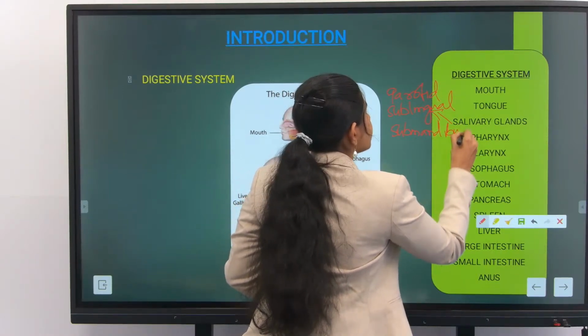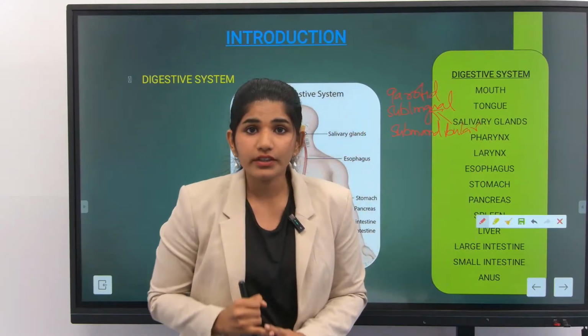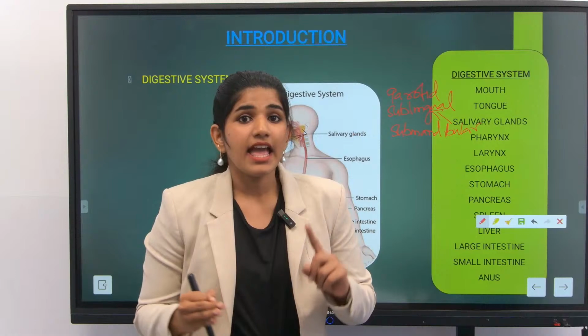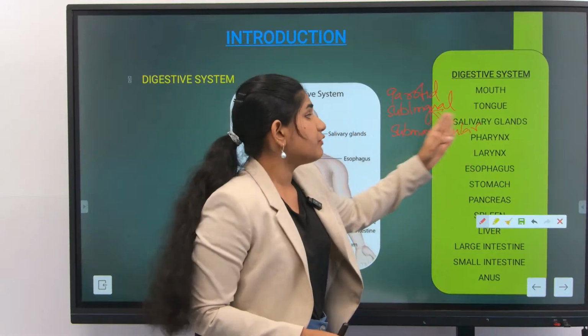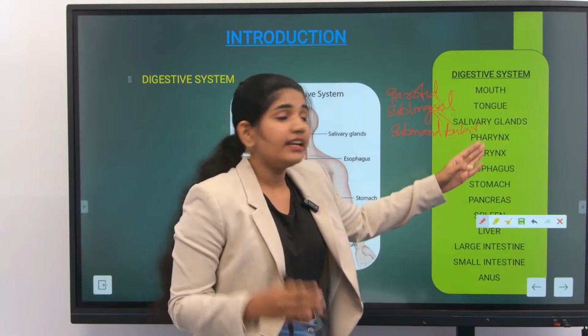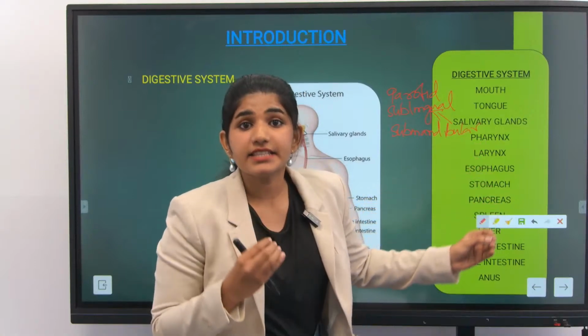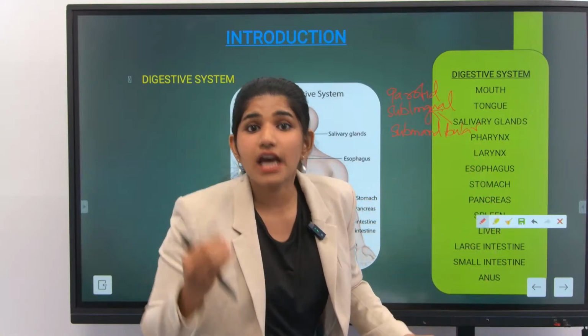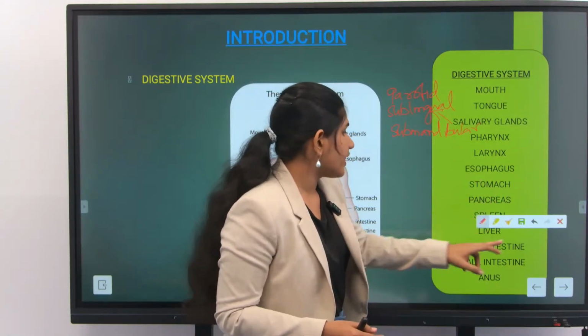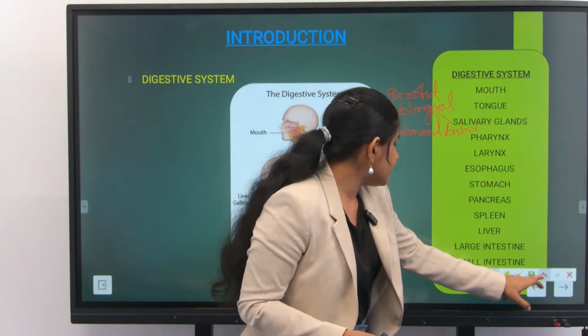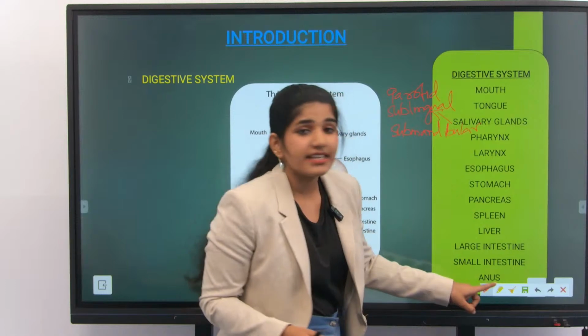Then the pharynx, that is the throat, and the larynx. The larynx is our vocal box, the sound box. Then our esophagus, stomach, pancreas, spleen, liver, large intestine, small intestine, and anus.